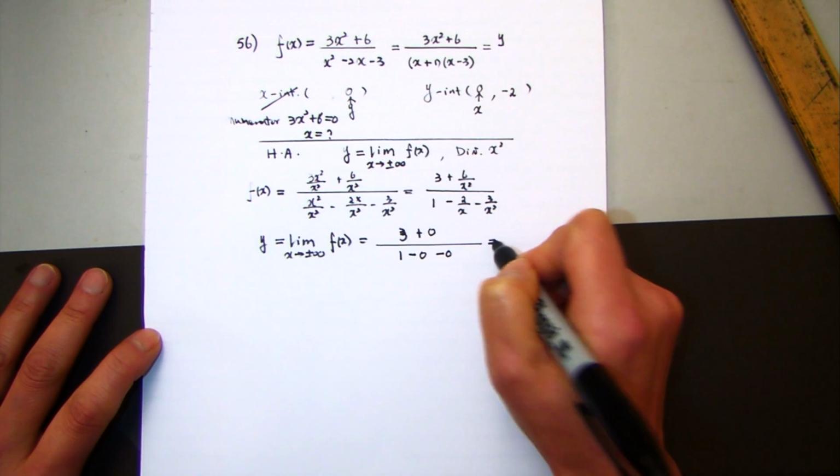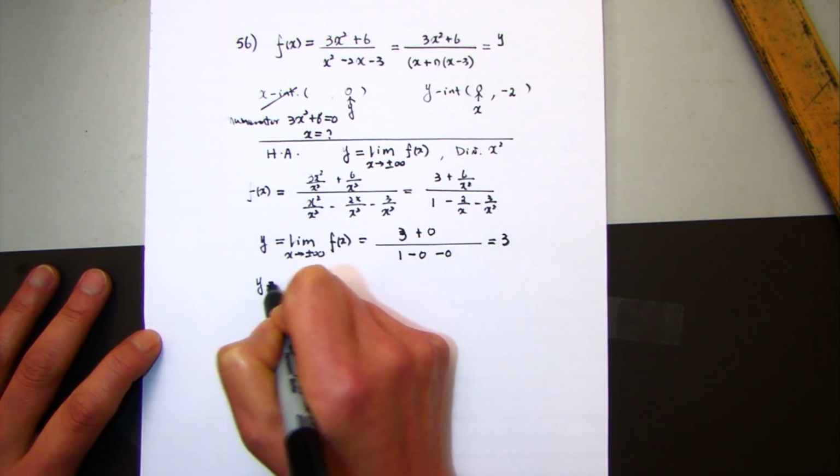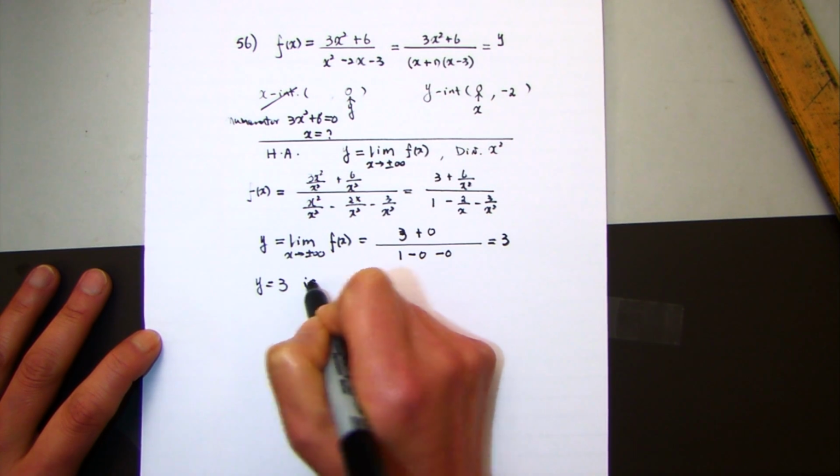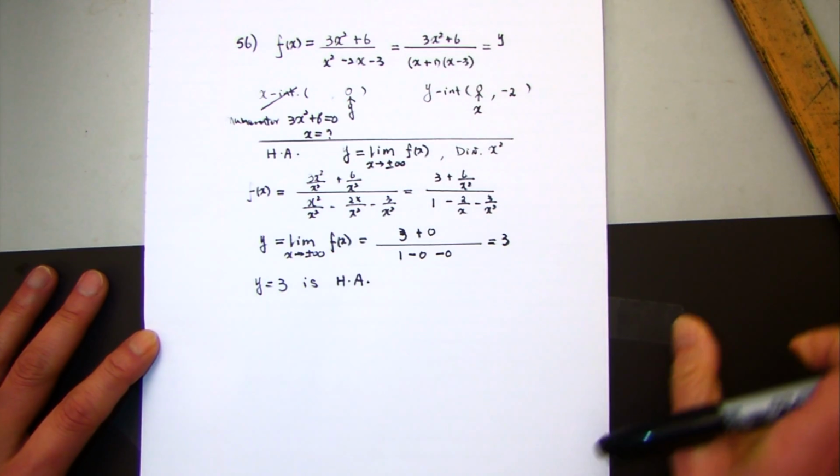That equals 3. There we have it. y equals 3 is our horizontal asymptote.